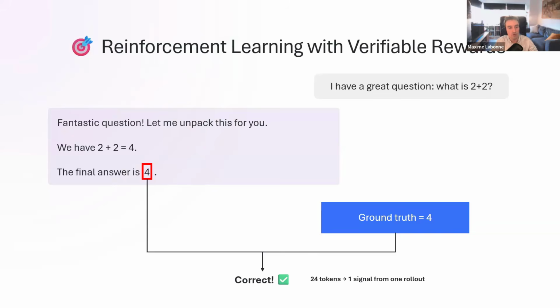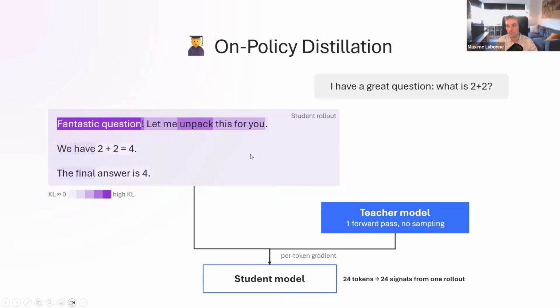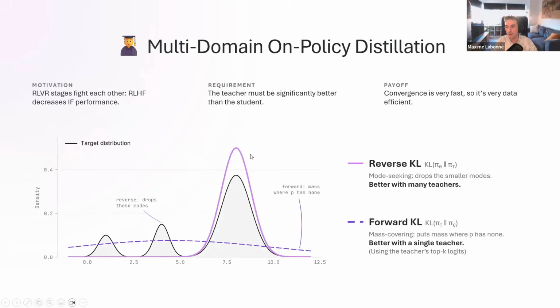How do you know that a teacher is close to the student in terms of distributions? Yeah, so this is what I talked about here with the on-policy distillation. It's not easy. You can run some tests.